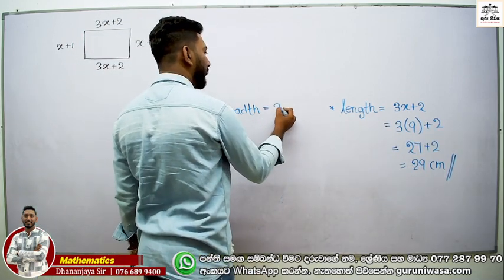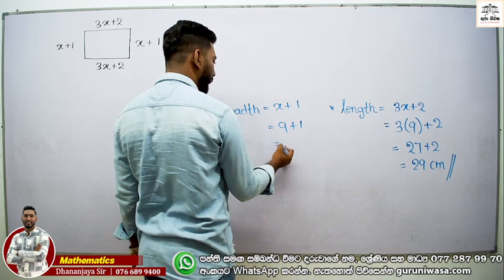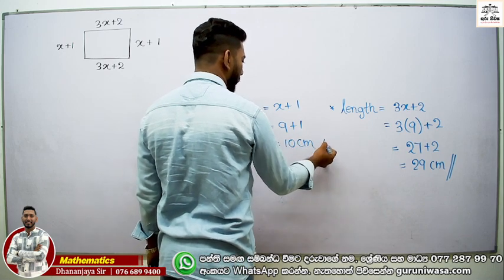Now breadth is x plus 1. Now you know x is 9, and 9 plus 1 is 10 cm.